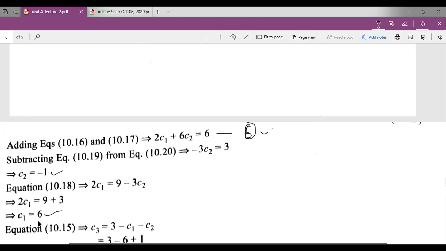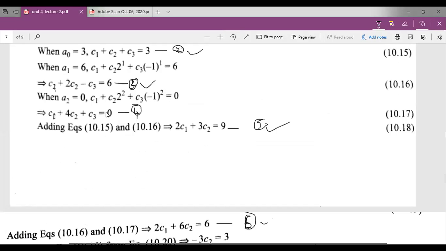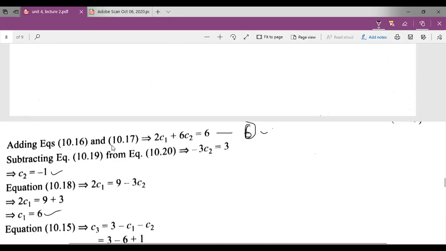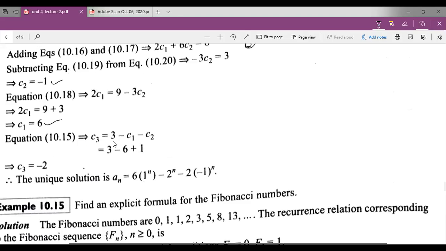Now we substitute the C1 and C2 values in any of 2, 3 or 4, and we get the C3 value. So C3 is equal to minus 2.